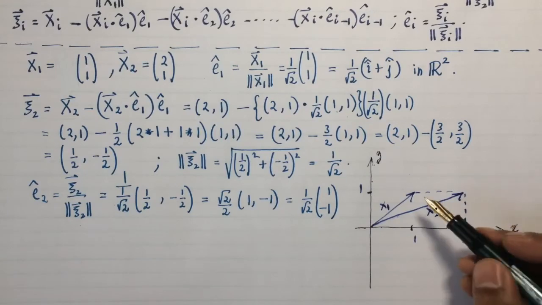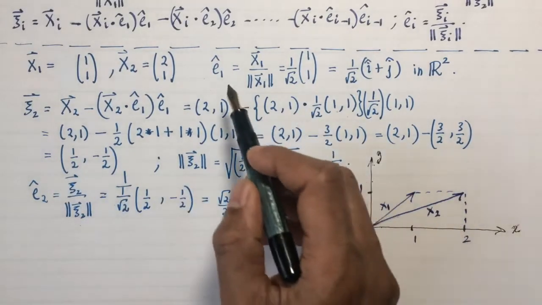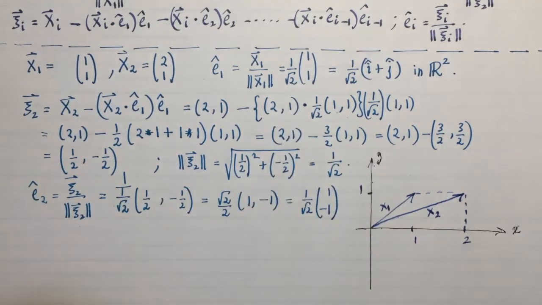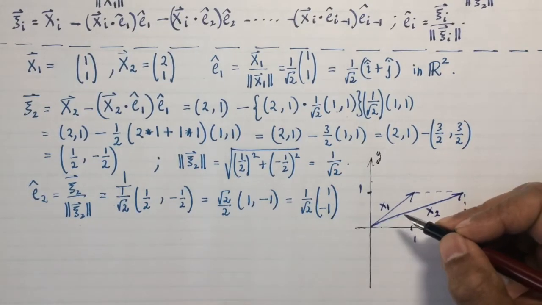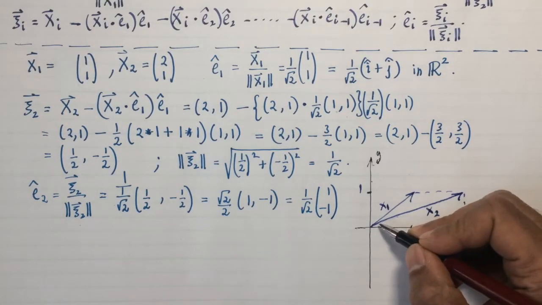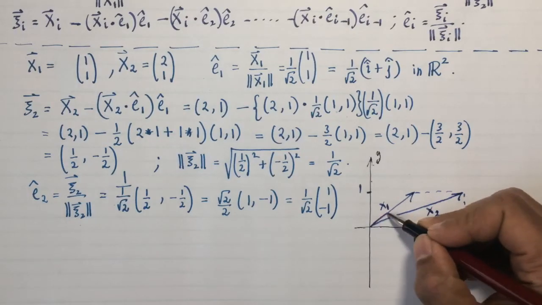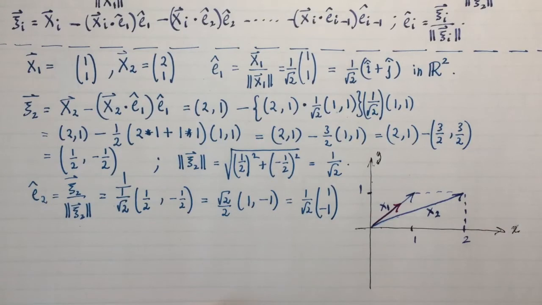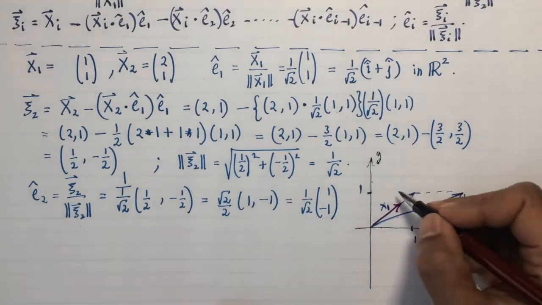So what have I done in getting E1? It's the same as (1, 1), but it's divided by root 2. So that vector is going to be a smaller vector, because 1 over root 2 is 0.71.